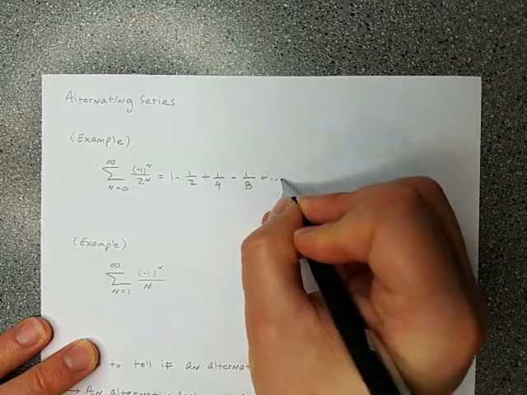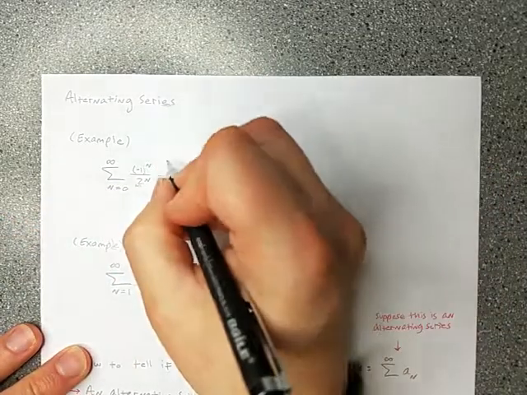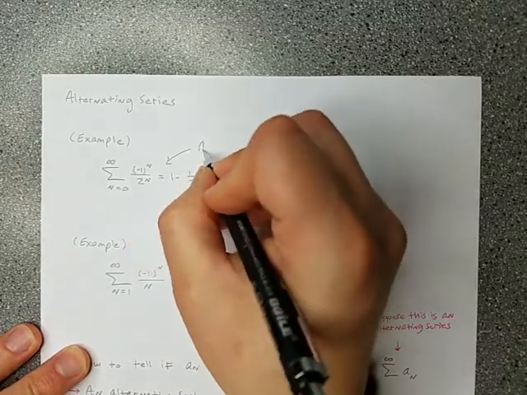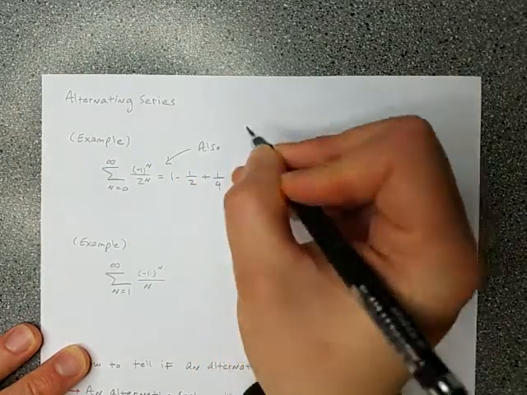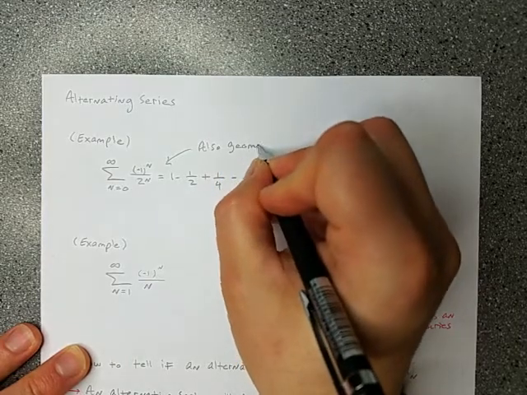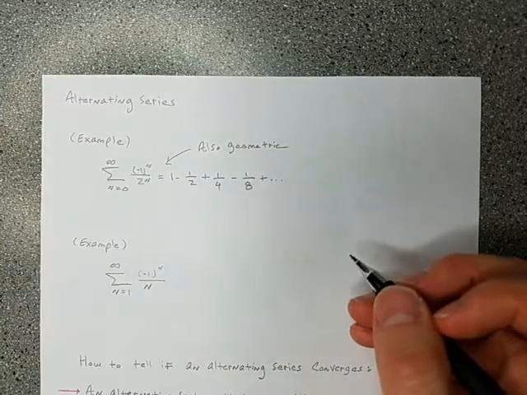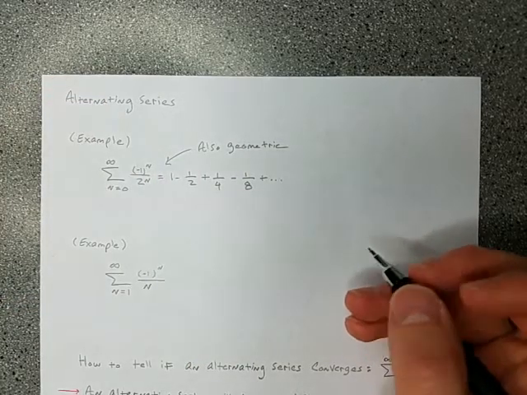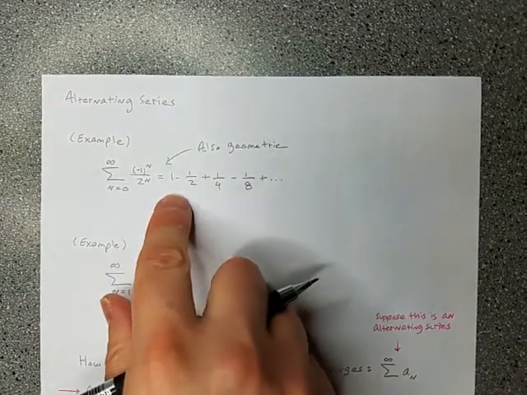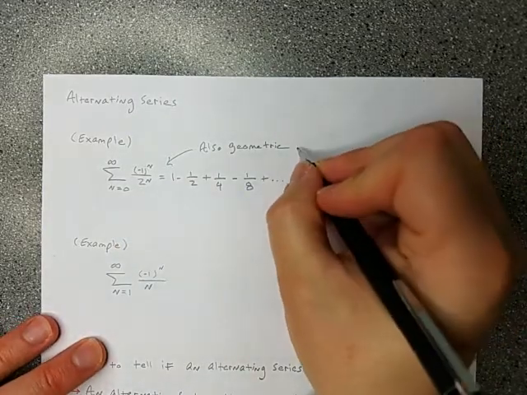Okay? Now this series also happens to be geometric. All right. So we'll still see geometric series, I guarantee it. But for our purposes, now it's going to be an example of an alternating series. You could tell me what this series converges to if you wanted to. Why not? It's a geometric series.